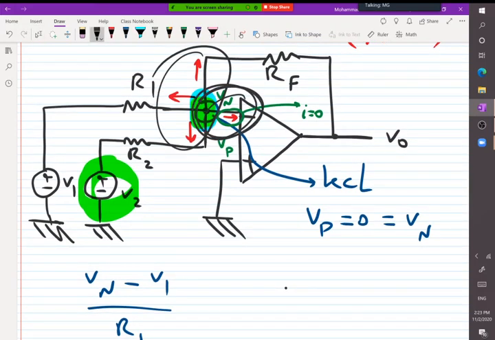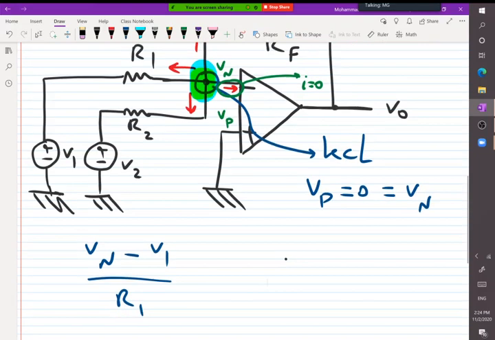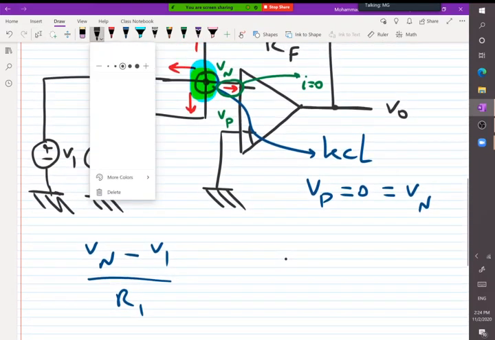What about this current? This current is equal to 0 because no current enters the OpAmp. Any question? If you have any question, just let me know in the chat box and then I turn on my speaker. Okay, now that there is no question, let's continue.